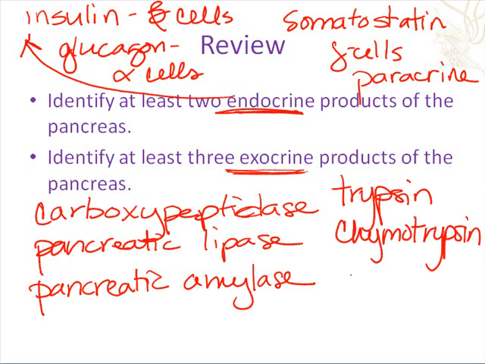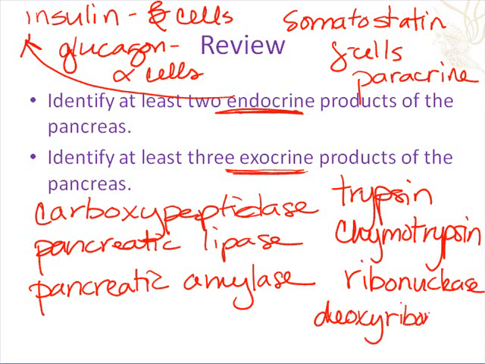Oh, yeah, the 2: ribonuclease for digesting RNA and deoxyribonuclease for digesting DNA. So you can see that the pancreas secretes a whole lot of different exocrine products and relatively a lot fewer endocrine products, but they're both critical for proper functioning of digestion and of modulation of sugar levels in the body.